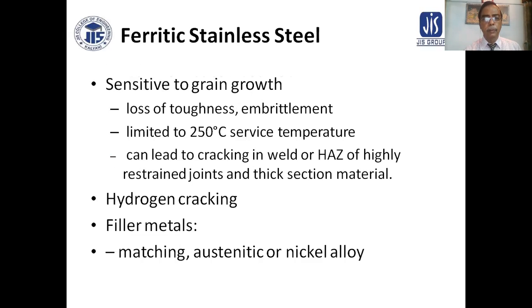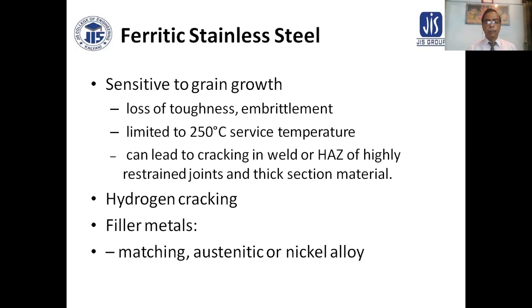Ferritic stainless steel is sensitive to grain growth, loss of toughness, embrittlement, limited to 250 degrees Celsius service temperature, can lead to cracking in weld for highly restrained joints and thick section material.